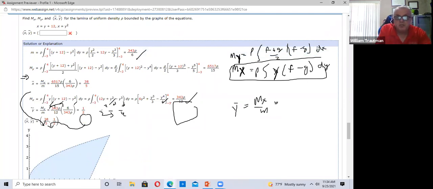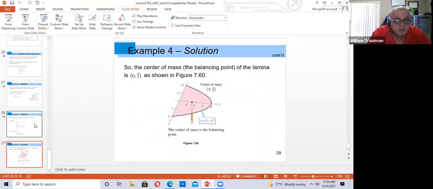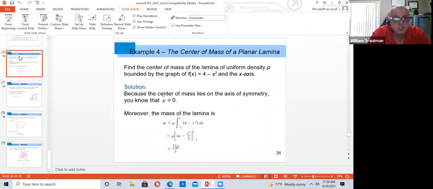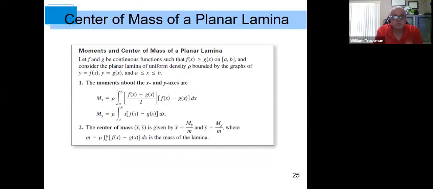And I do have that PowerPoint back up. I'm sorry. Where are those formulas? I want to show you just in case. So this is what I'm referring to. This is if we took respect to x.